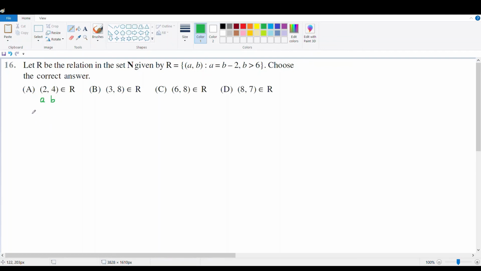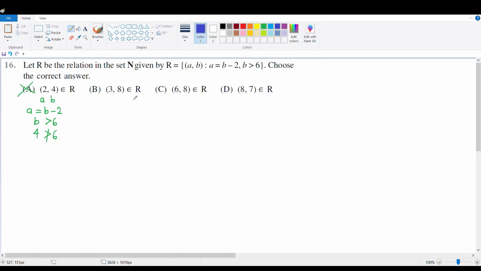Is a equal to b minus 2? Yes. The other condition was that b must be greater than 6, but 4 is not greater than 6. So A is not our answer.